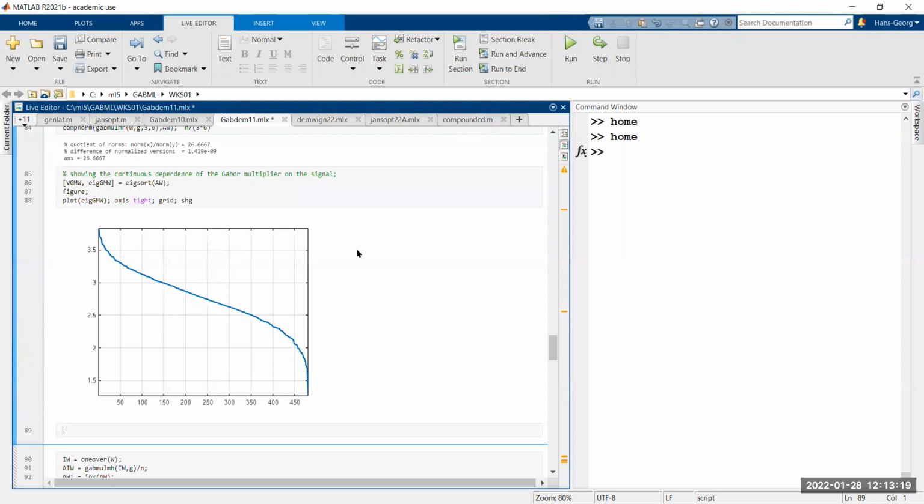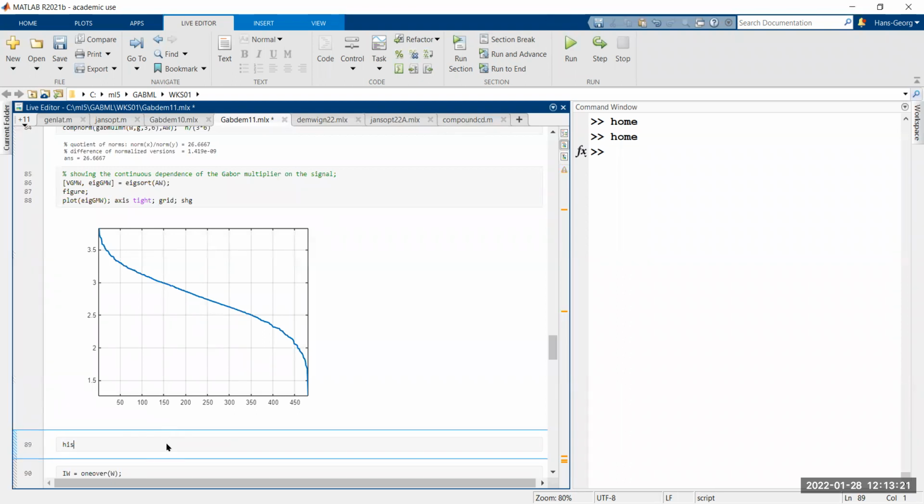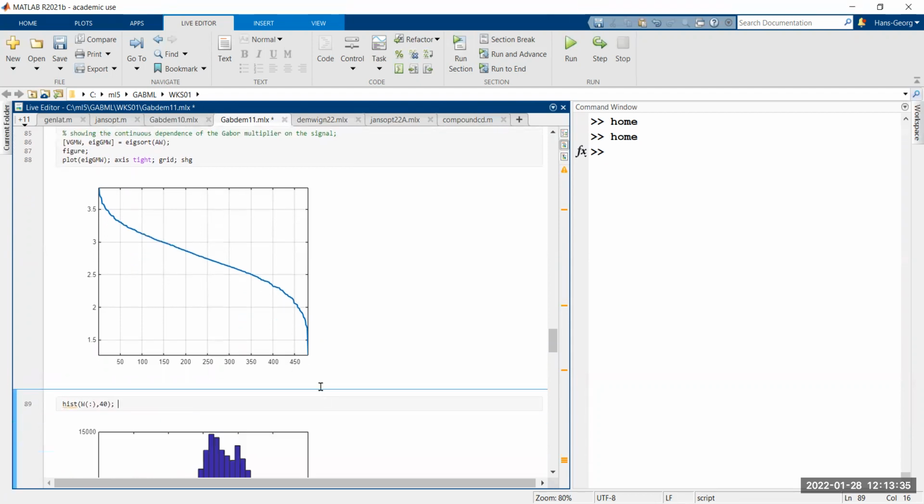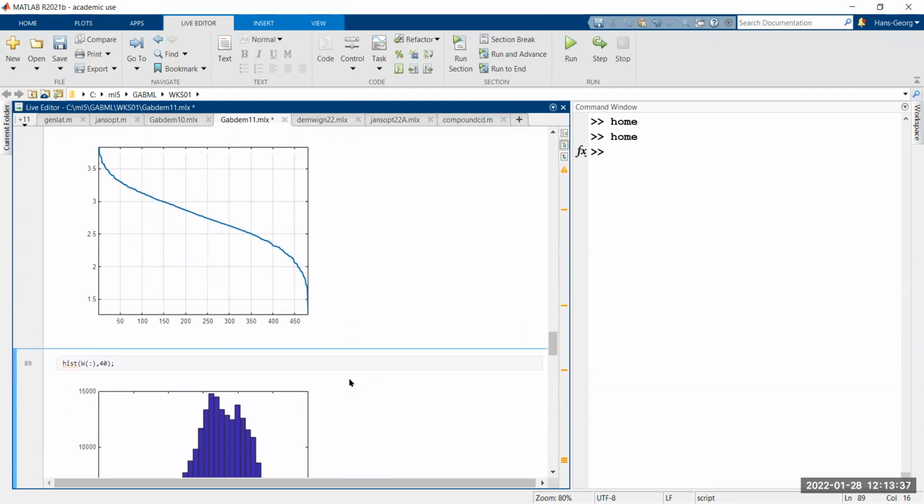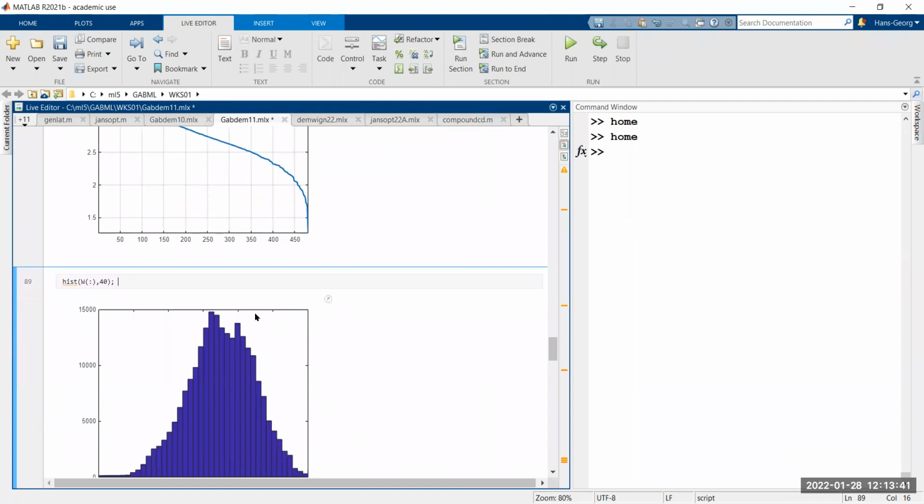Maybe I'm doing this also here to the histogram of the weight function, and maybe I try to make maybe 40 values, hoping that it's not running too slow. But okay, well, this doesn't show too much.